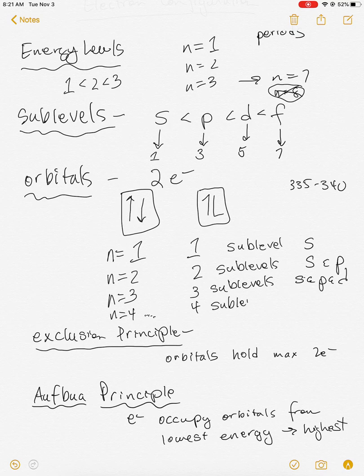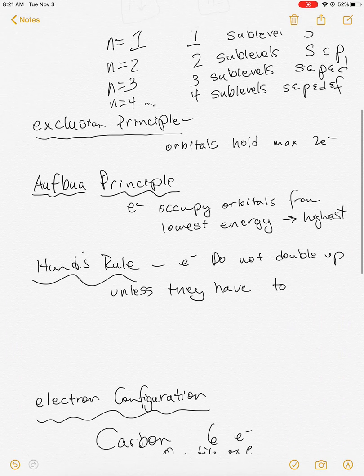Now maybe the story is going to change in your lifetime. I don't know. S and P and D and F. As you go up in energy levels, you're going to be able to hold more electrons.